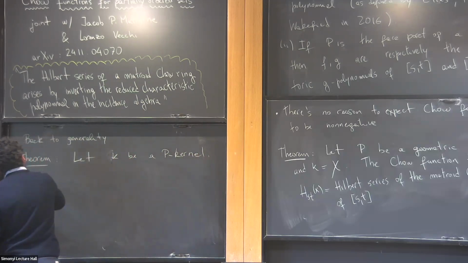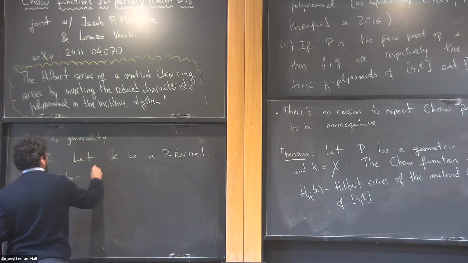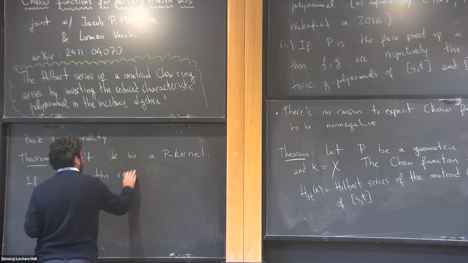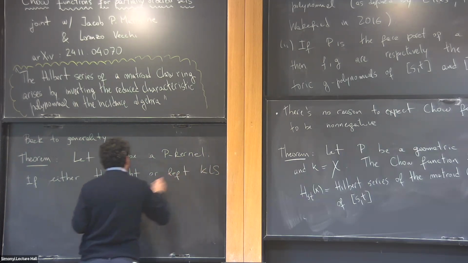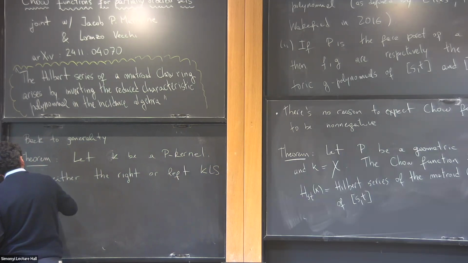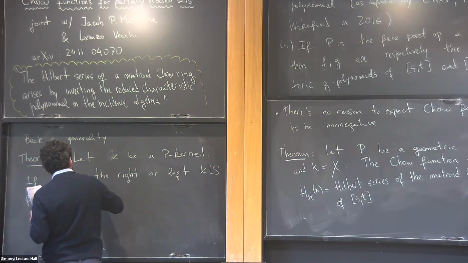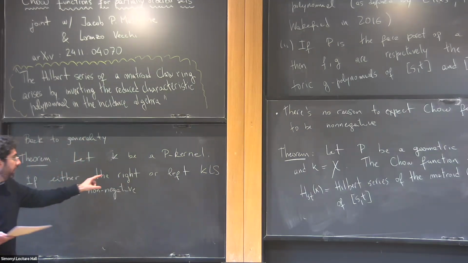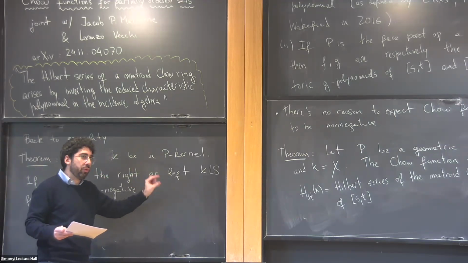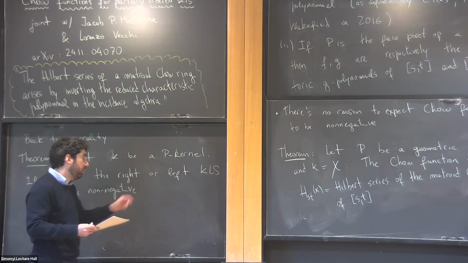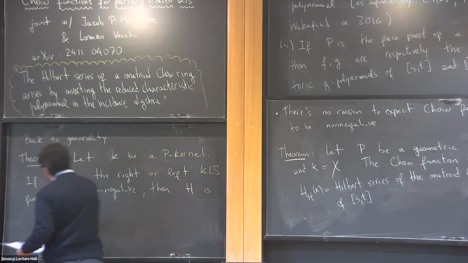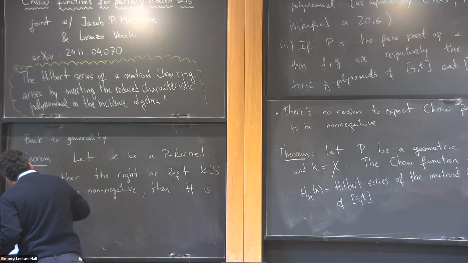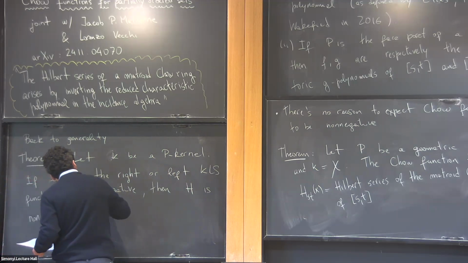If either the right or left KLS functions are non-negative, what I mean by this is that either f of every interval has non-negative coefficients, or g of all intervals has non-negative coefficients, then h is non-negative and unimodal.